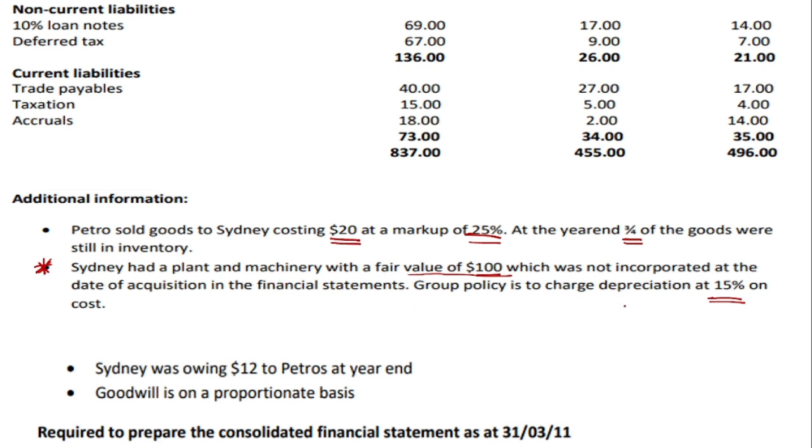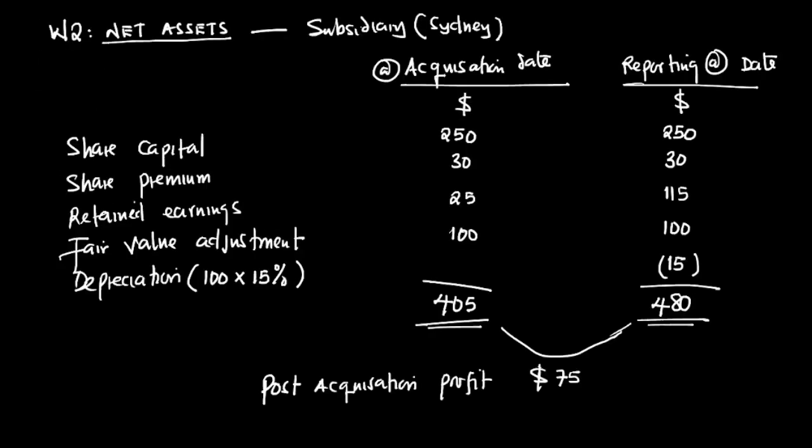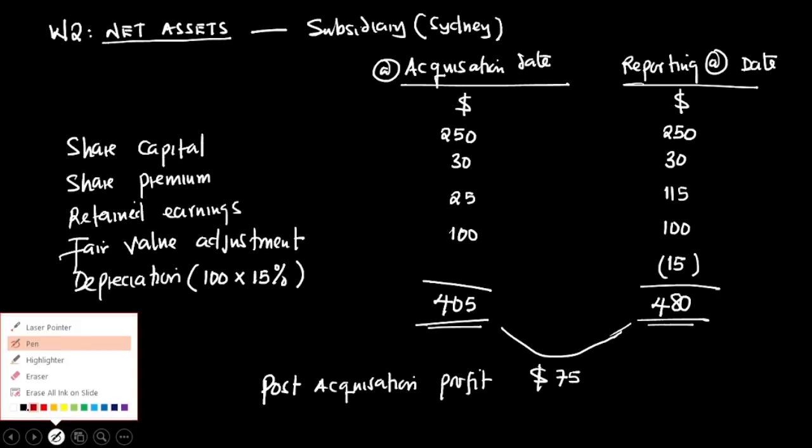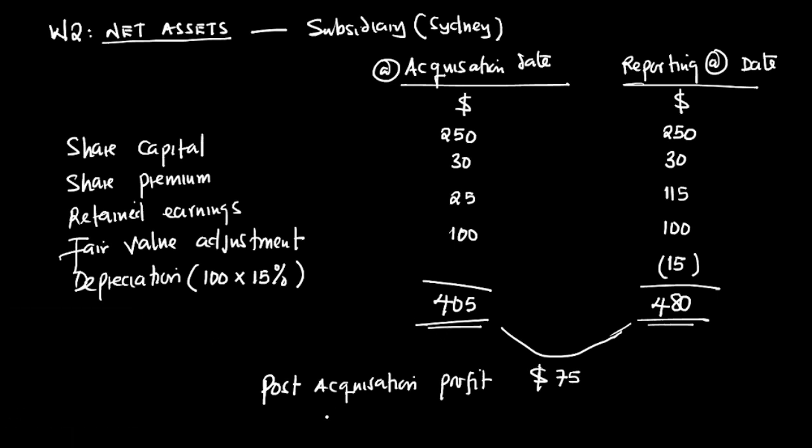So let's get to the solution. Okay, so that's how we have the 100. Check the date of acquisition, we have 100 at the acquisition date, then also 100 at reporting. But at the end of the year, because you have lost value, you put 15 in brackets, so ideally we are talking about 85.